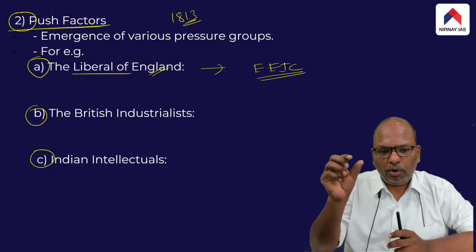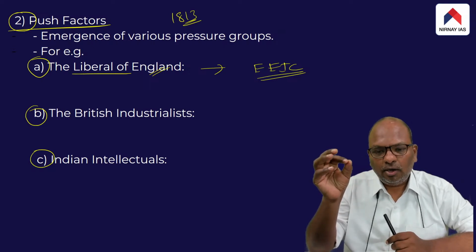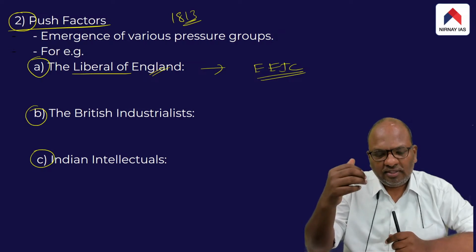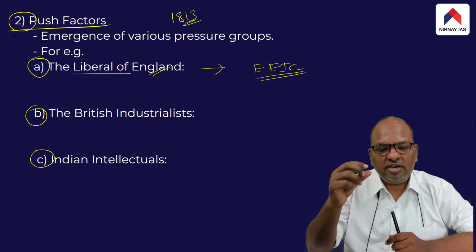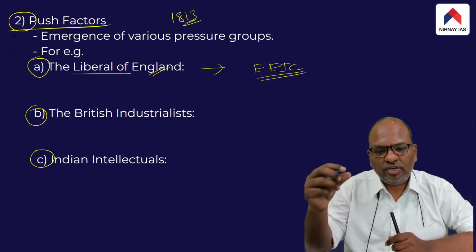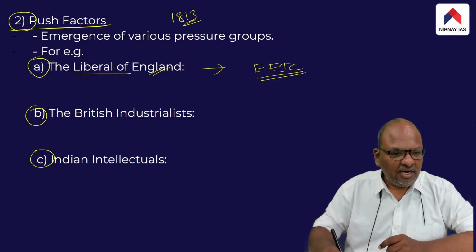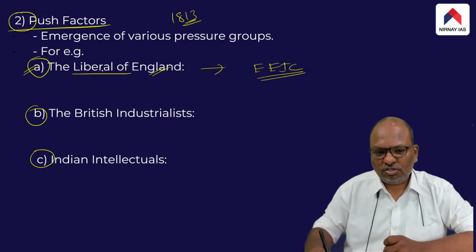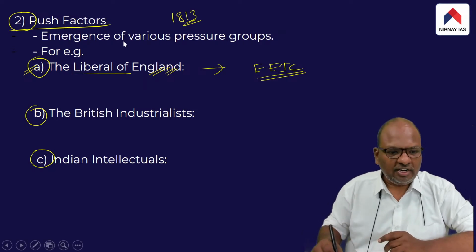Basically, they did not want the East India Company only to make money in India. They in fact demanded that the East India Company should also be spending some money towards the establishment of educational institutions in India. So the pressure began to come on the East India Company from the liberal sections of England. So that became one reason why the British started spending money.